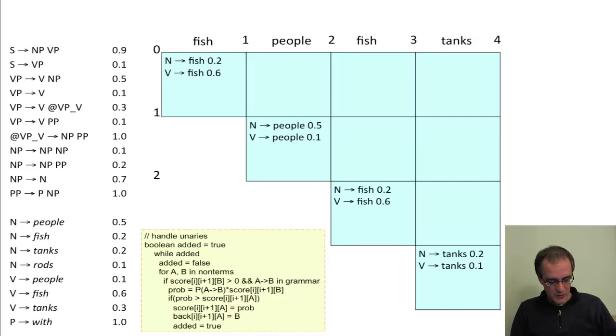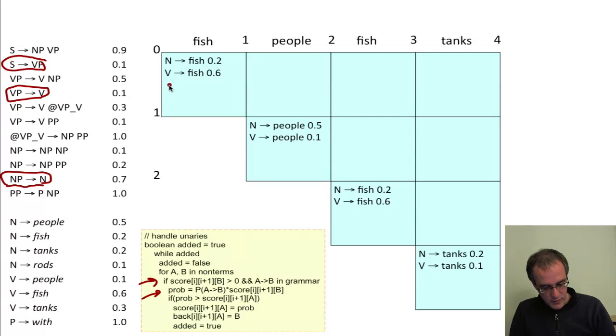Okay, but now our grammar also has unaries that rewrite to categories. So we also then have to apply the unary rules. The way we'll do that is for each cell, we'll find unary rules that apply, and if they create a category that isn't there before, or one with higher probability than what was there before, then we'll put it into our chart. In this case, the relevant unary rules, and we've got one other unary rule over here actually, are all creating different categories, so we'll be adding new things to the chart.